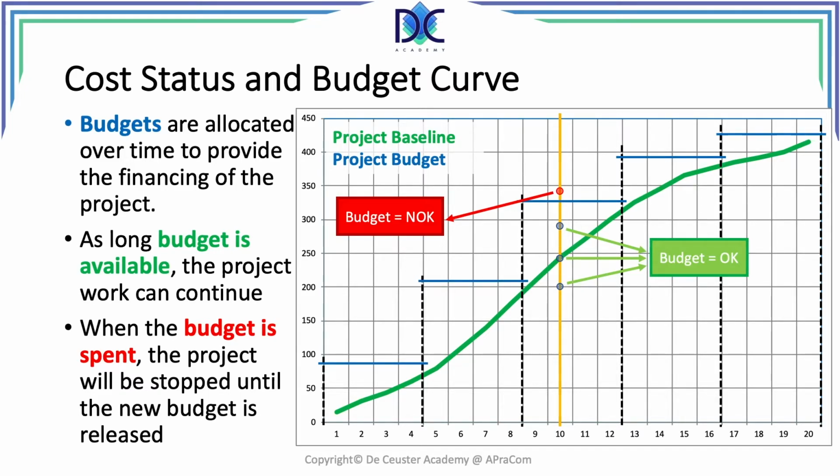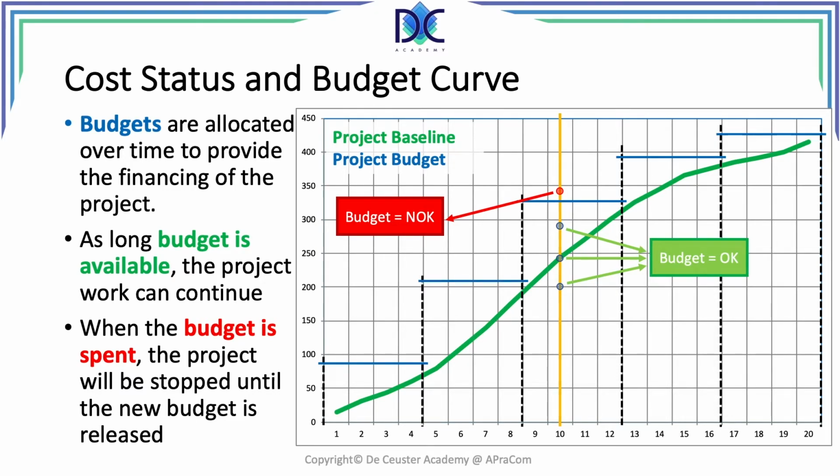The yellow line is the position at period 10, and we see that the 3 green lines relate to cost positions. Even though we are above the planned budget, we're still below the budget line, the money that is available for our project. As long as we're below the blue line from period 9 till period 12, we still have funds available to continue the project.